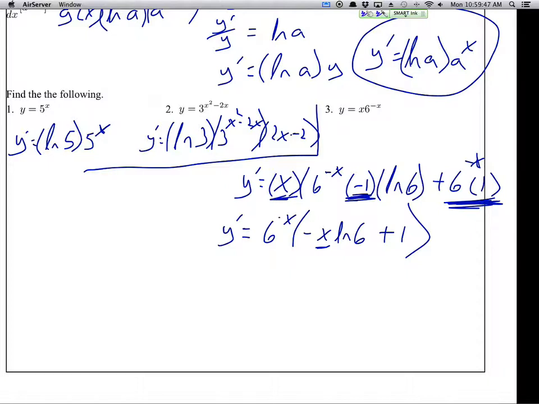Actually you're doing all 3 steps on e, except the natural log of the base always ends up giving me 1. So rewrite, natural log of the base, derivative of the exponent when you're dealing with derivatives of exponentials. Any questions? All right.